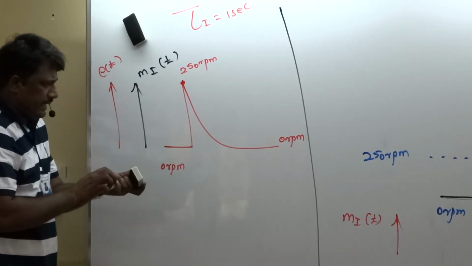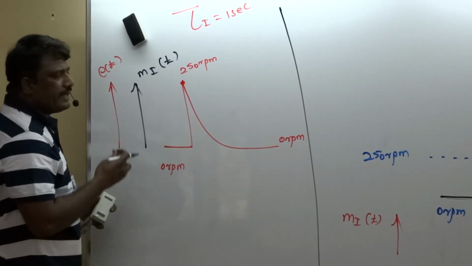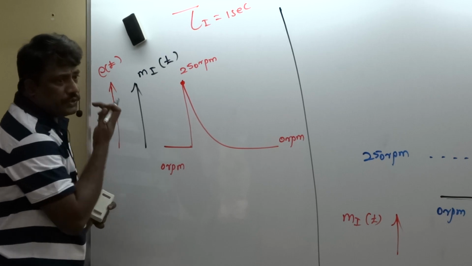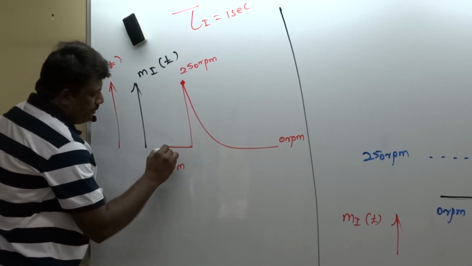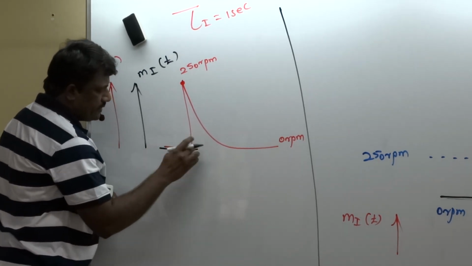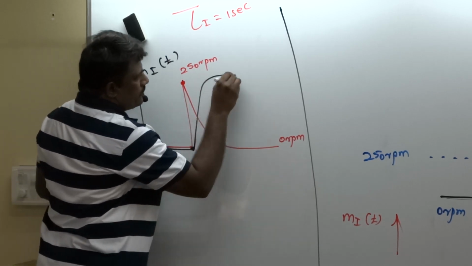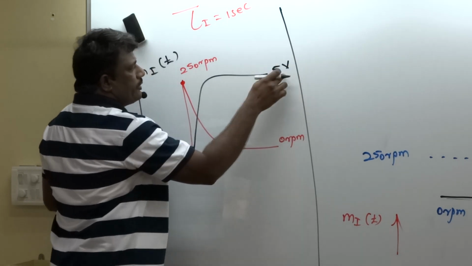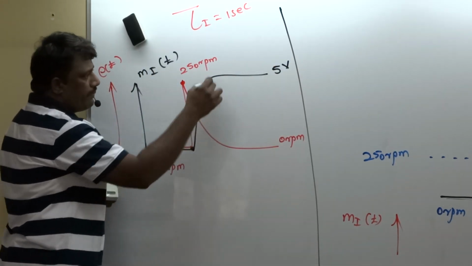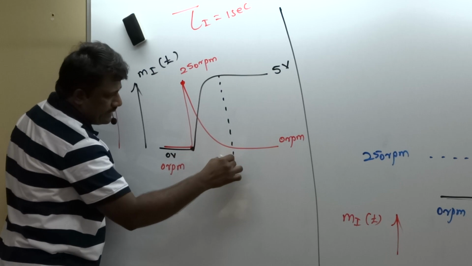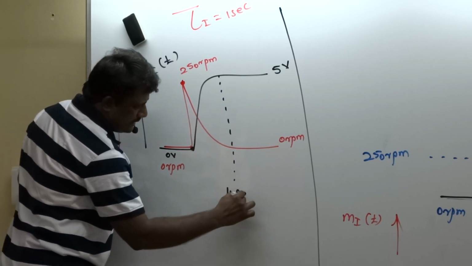Within the same period, Mi of t increases from 0 volt to 5 volts. So beginning with 0 volt and then going to 5 volts. This unit is in volt, this unit is in RPM, but the time will be the same, 10 seconds.